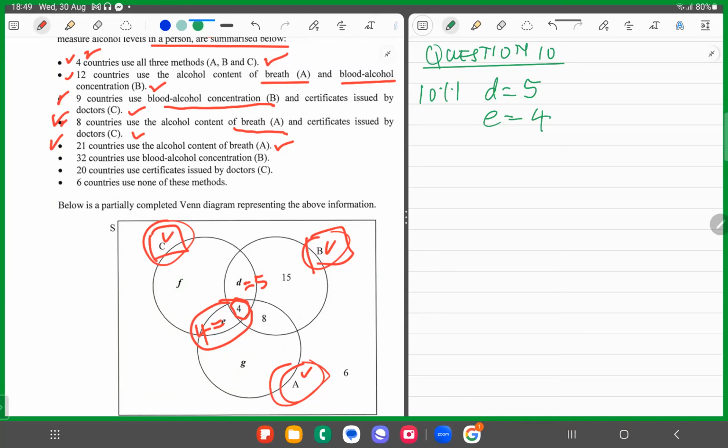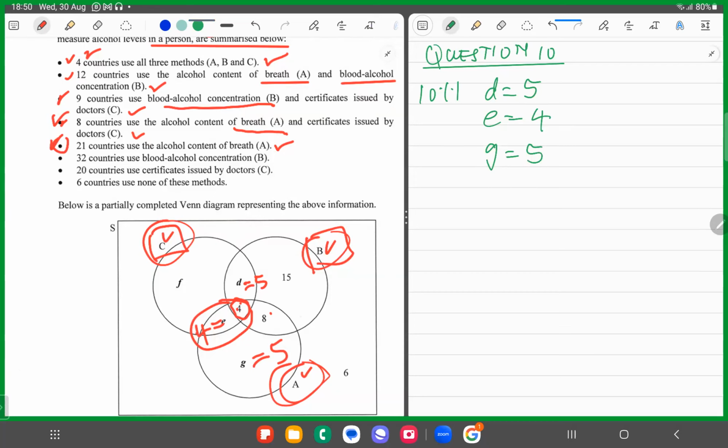If everything in A must be 21, let's see what we're getting now. What can G be? What is 4 plus 4 plus 8? 4 plus 4 is 8, and 8 plus 8 is 16. So G is exactly equal to 5, because we have 21. So G is equal to 5.